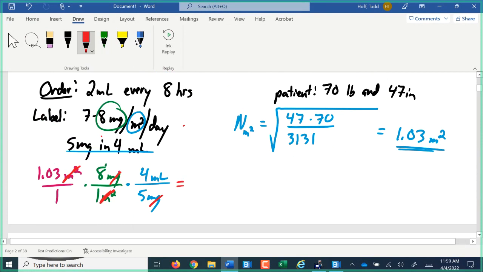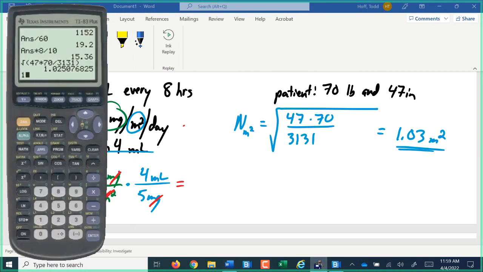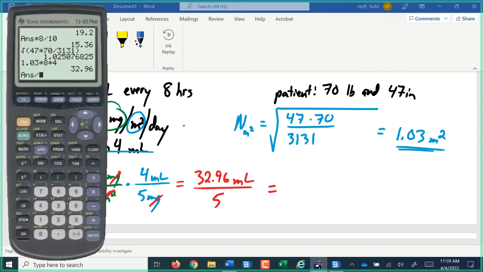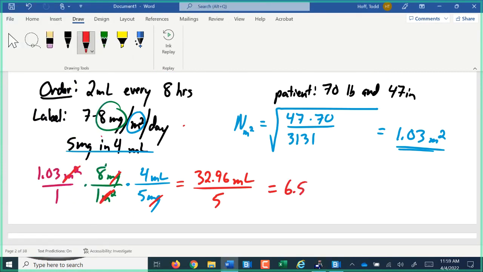Milligrams cancel out, and let's see what that gives us. 1.03 times 8 times 4 over 5. We divide by 5. 6.59 milliliters. That is per day.